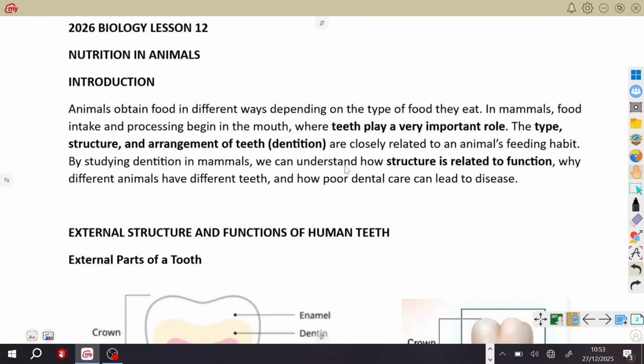Why? Because of their different feeding habits. Okay, we will also see why different animals have different teeth and how poor dental care can lead to disease. This is what we are going to cover in this lesson.